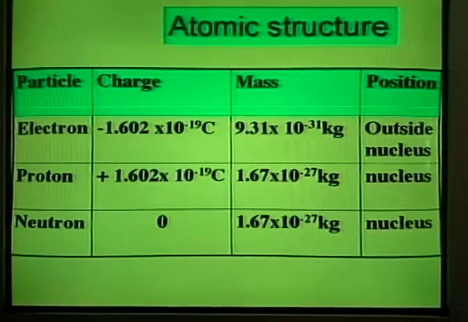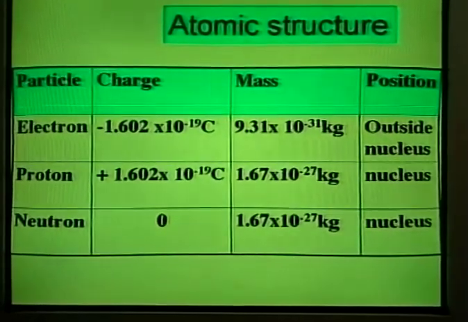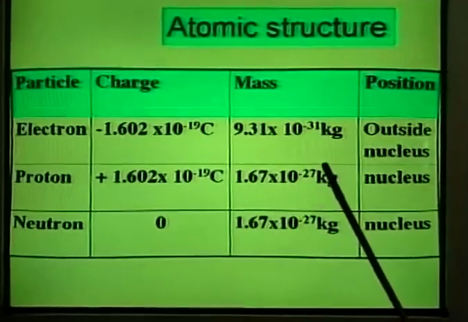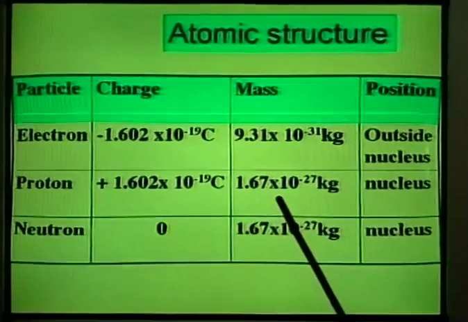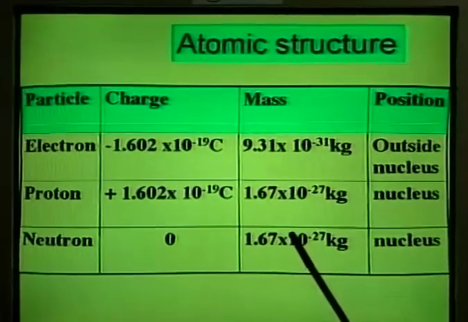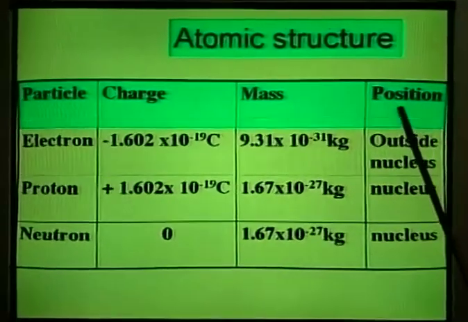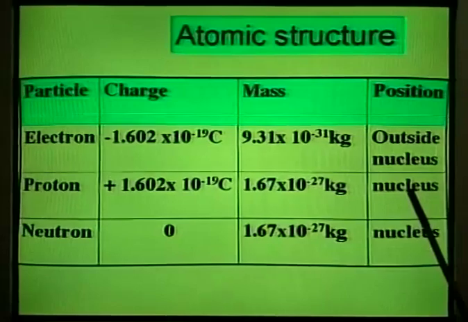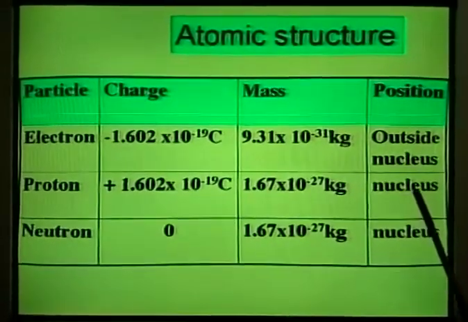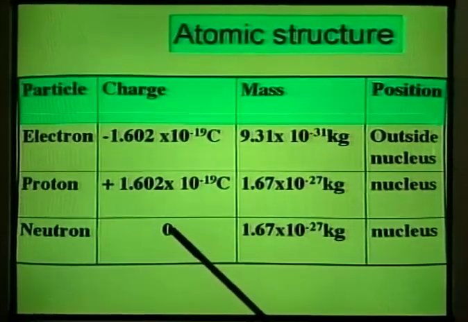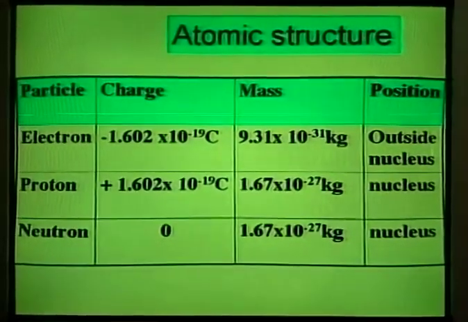That is why when Rutherford came up with his model of an atom, he assumed that the nucleus is heavier because it has the protons and the neutrons. The electron is outside the nucleus, the proton is inside the nucleus, and the neutron is also in the nucleus, but it has a charge which is 0.